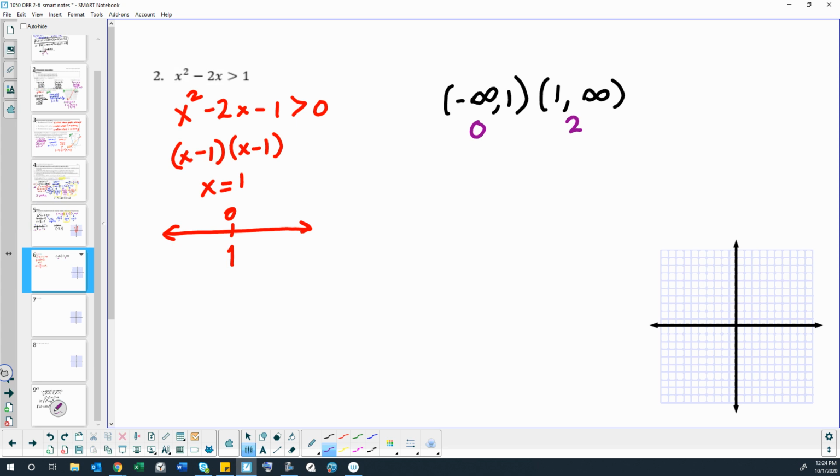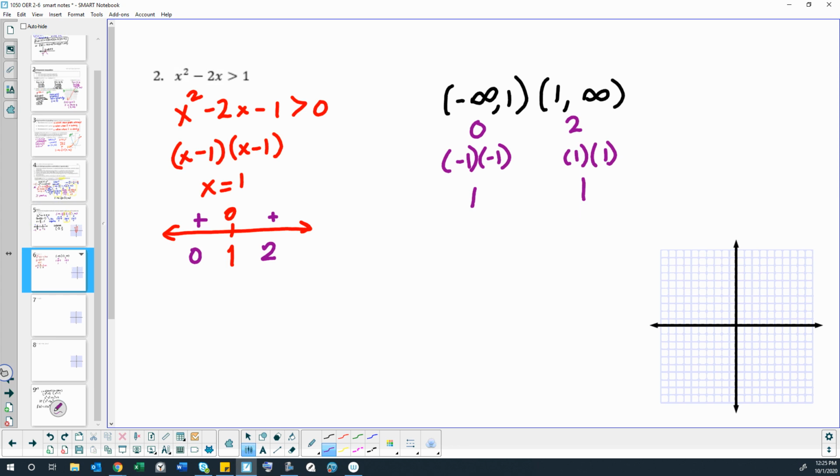Okay, let's plug those in. So 0 minus 1 times 0 minus 1 is a negative 1 times a negative 1, which is a positive 1. And then 2 minus 1 is 1, and 2 minus 1 is 1, so it's 1 times 1, which is also positive 1. So these intervals, both at 0 and at 2, are positive.